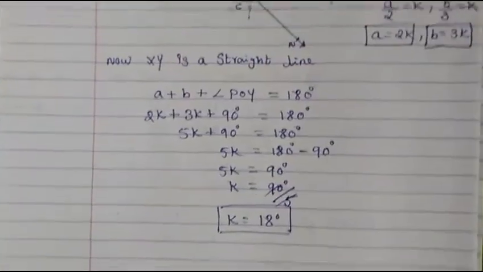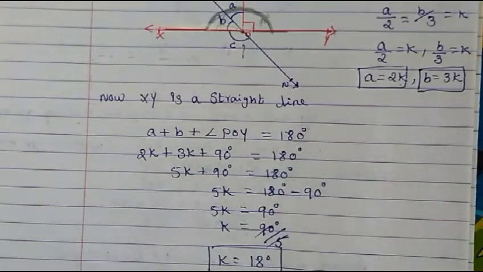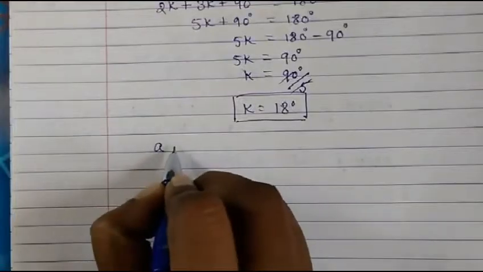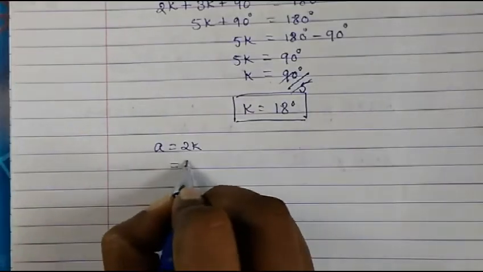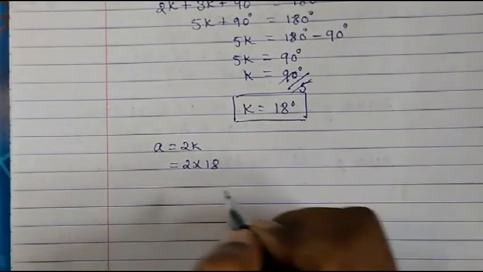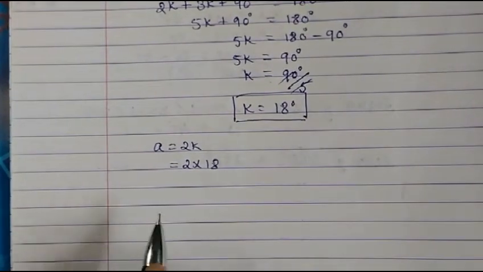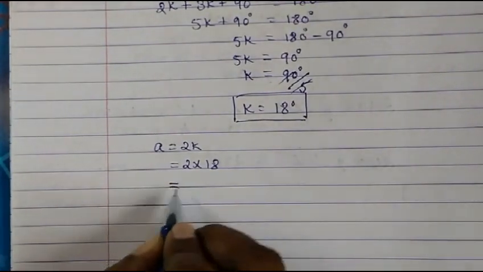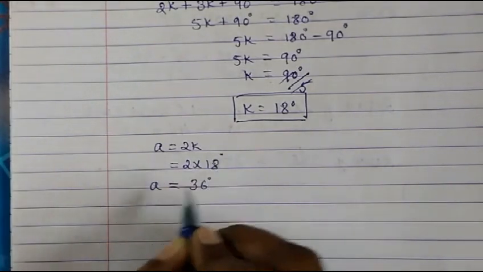So now a is 2k and b is 3k. Can we put this k value and get the values of a and b? So a is 2k, so 2 into the k value 18 will give us 36 degrees.